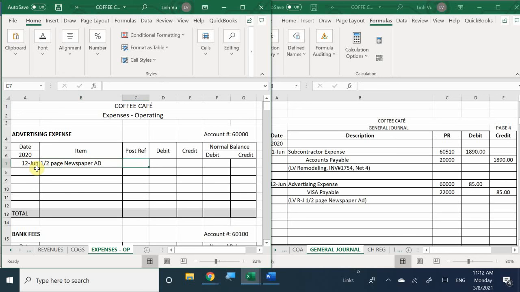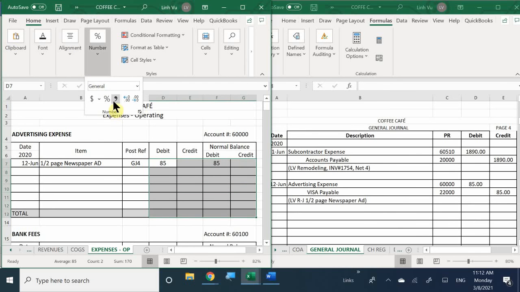Post reference is now General Journal number 4. And we debited the amount by 85. Once again, it's the first entry that we have here. So therefore, my account balance is 85.